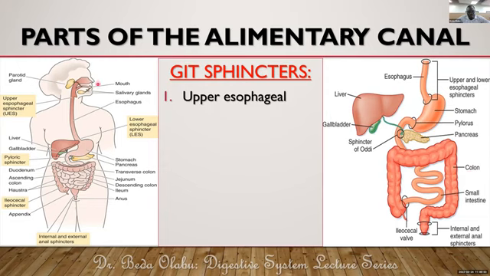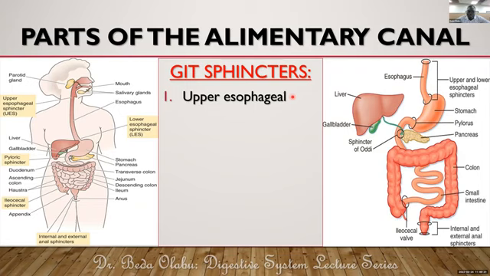So when you swallow, the first narrowing is found at the junction between the pharynx and the esophagus. We call that one the upper esophageal sphincter. This upper esophageal sphincter is formed by a muscle that we call the cricopharyngeus muscle.